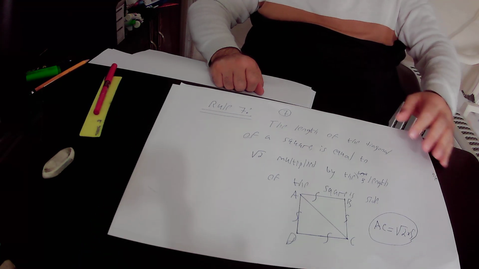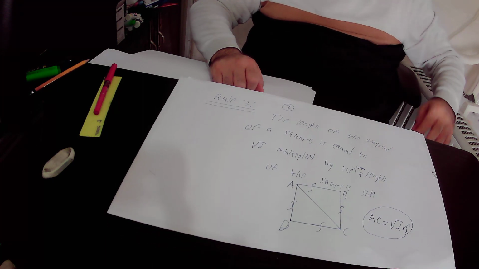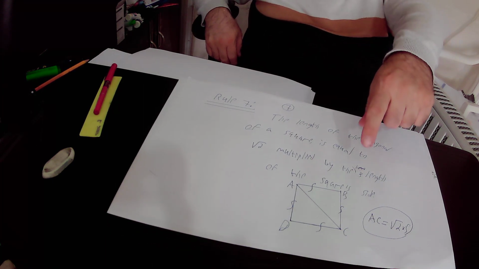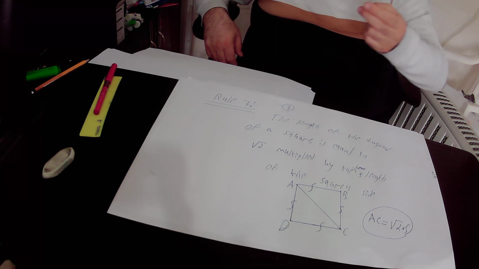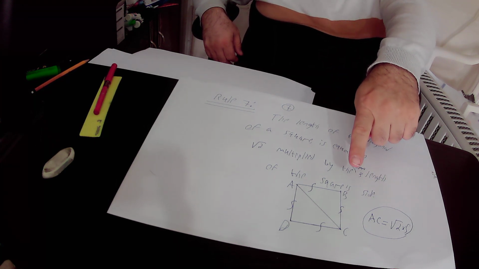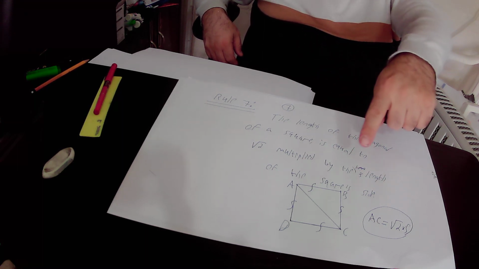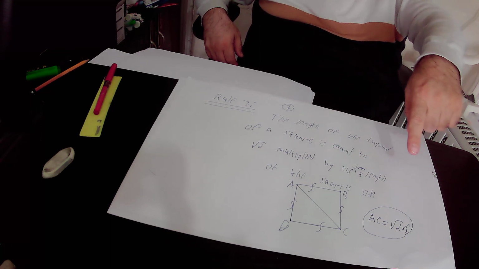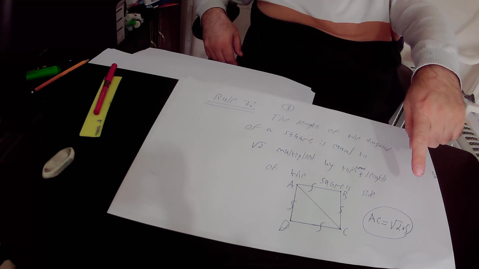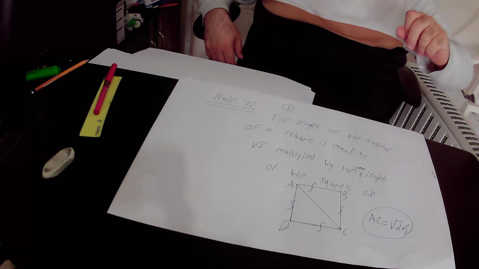So what is the meaning of rule number 7? The meaning is that if we have this square ABCD, and we know that the length of one side of square ABCD is equal to S units, then the length of its diagonal AC will be equal to square root of 2 times S.